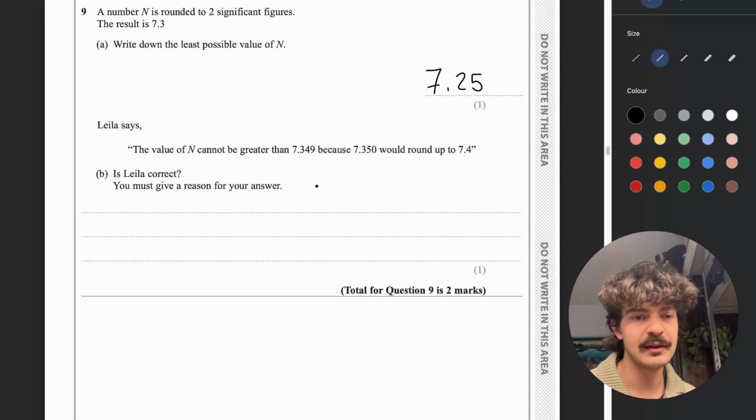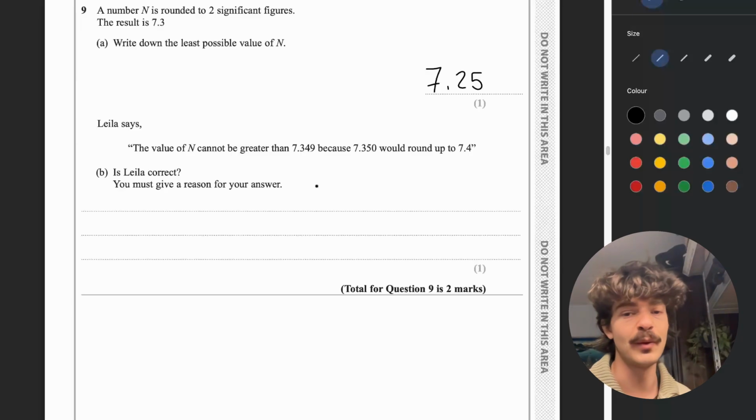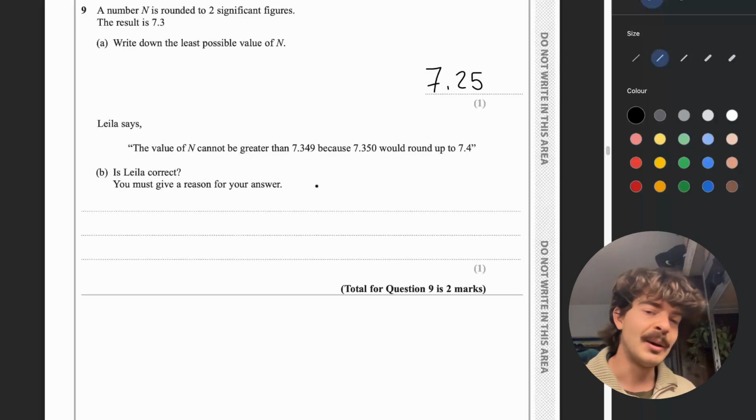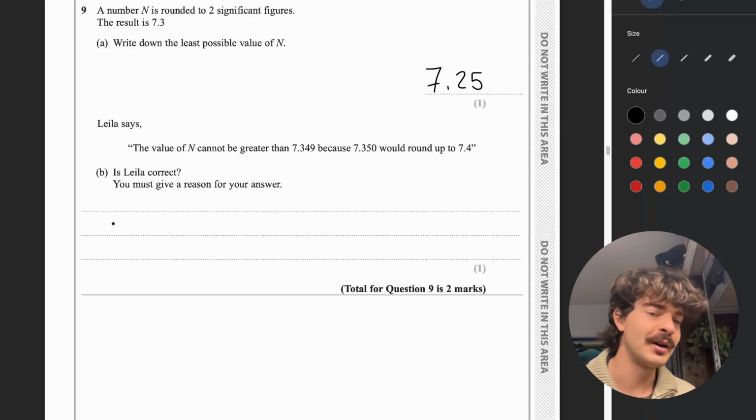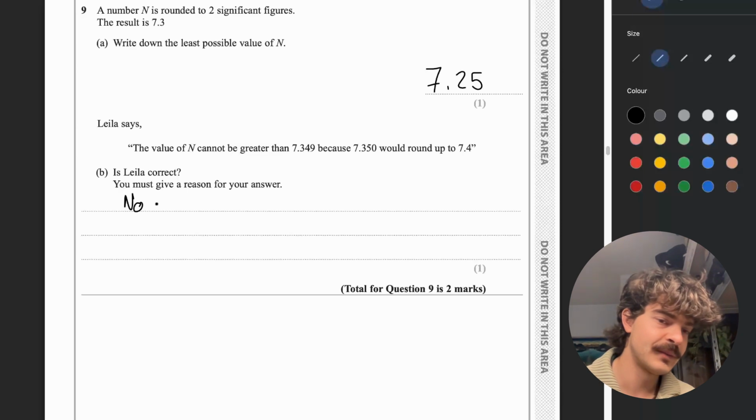Leela says the value of n cannot be greater than 7.349 because 7.350 would round to 7.4. Interesting. Is she correct? There are numbers greater than 7.349, right? So no, I'd say she's incorrect.